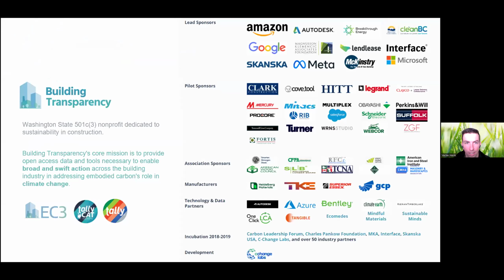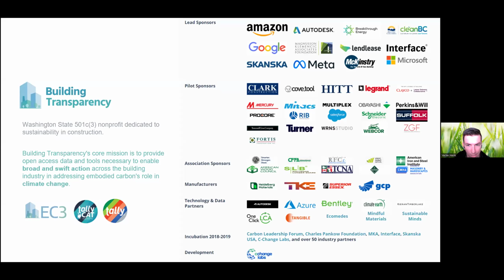So with that, a little bit about us as Building Transparency. If you don't know too much about us, we are a nonprofit organization based out of Washington State. Our team is actually scattered around the country, and we are usually part of local CLF hubs as well. So you might run into us sometimes in various regions around the country.